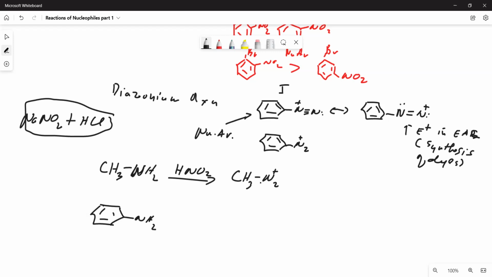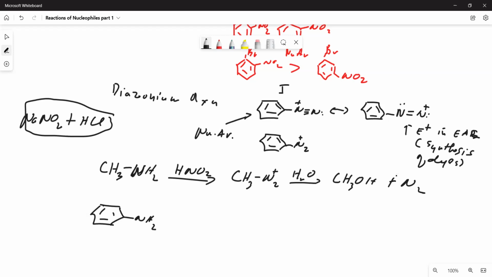But the aliphatic diazonium salt is very unstable in water. If there is water here, this will be converted to methanol plus nitrogen gas. That is the product expected for aliphatic diazonium salt.